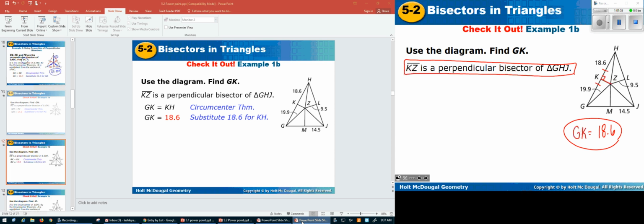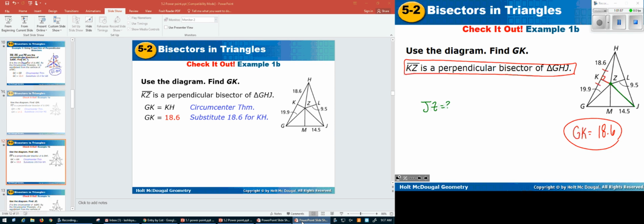If you go on to the next question, which is the same picture, it doesn't give you any other information, but it just says find what? JZ. Okay, so if we go to the picture, JZ, we're looking for this distance right here. That's from point Z to the vertex. Remember what we talked about though.